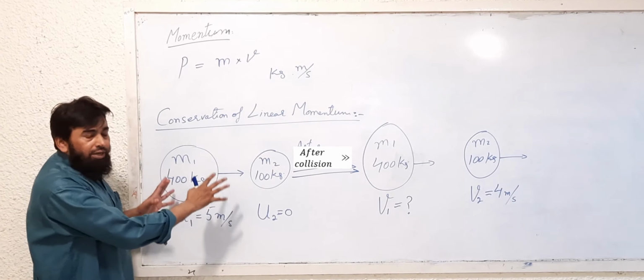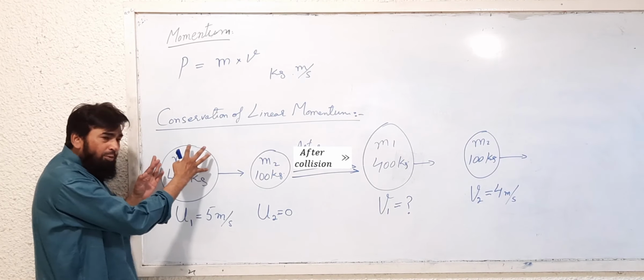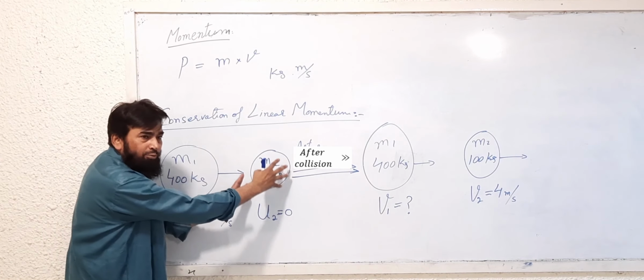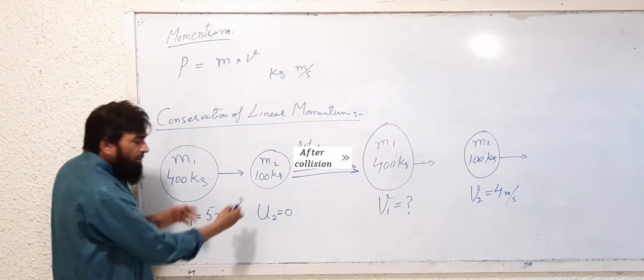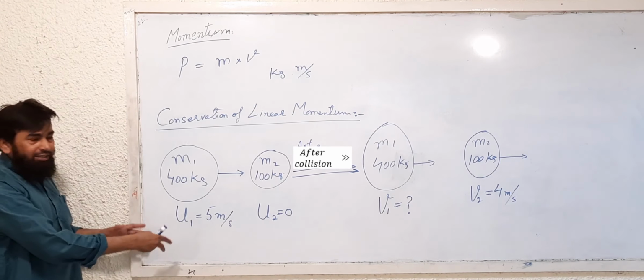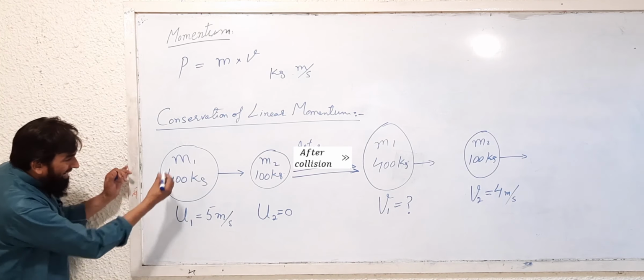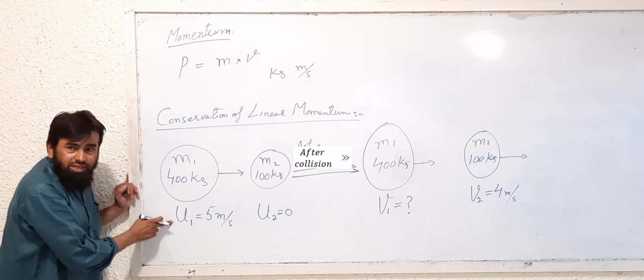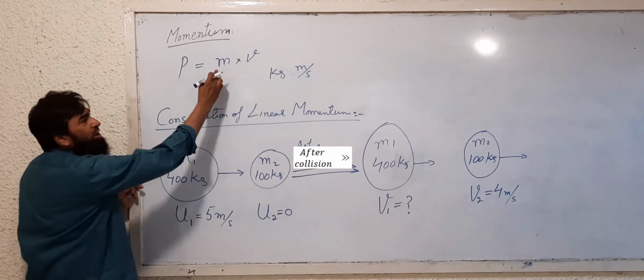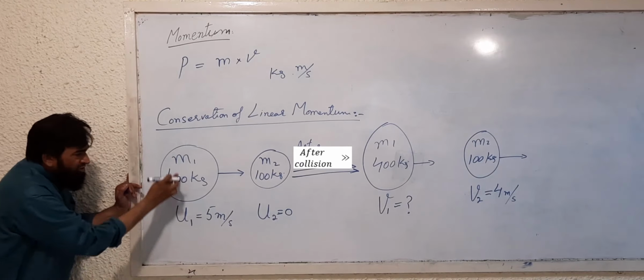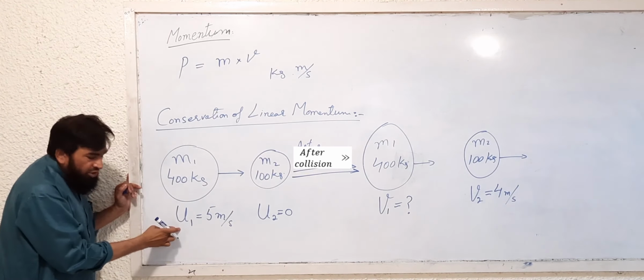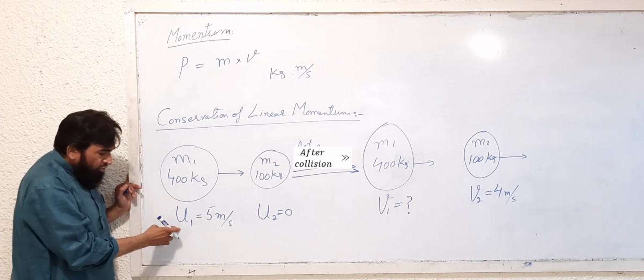The momentum before the collision depends upon the momentum of this body m1 and the momentum of body m2. So first of all, let us calculate the momentum before the collision. That will be mass into velocity. As I told you, the momentum formula is mass into velocity. So the mass of this body is m1 and the velocity of this body is u1.